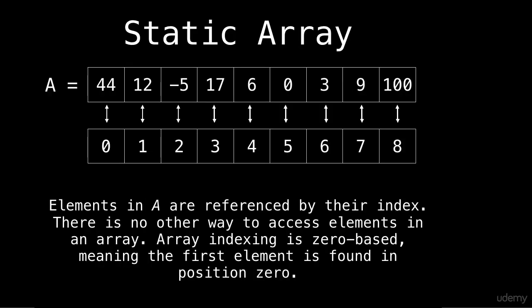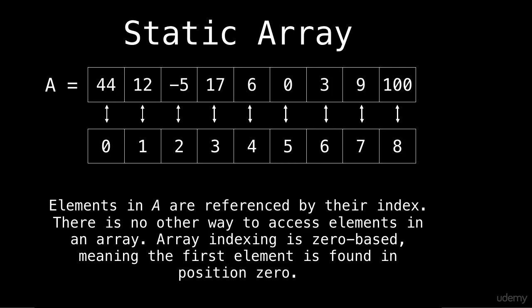Okay, so we have a static array A I've defined at the top. So A contains the values 44, 12, -5, 17, 6, 0, 3, 9, 100. Currently all the elements are distinct, but this is not a requirement of an array.